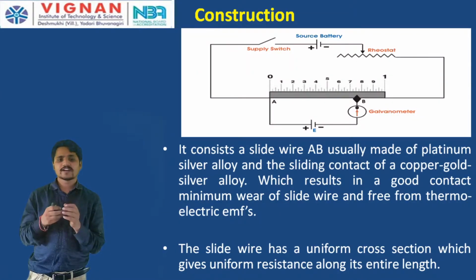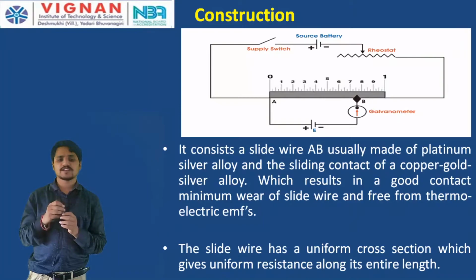Now if the cross sectional area of the wire is fixed, that means a uniform cross sectional area throughout the length of the wire, the resistance of the wire is directly proportional to the length of the wire. The more the length, the more the resistance; the lesser the length, the lesser the resistance. So this is the factor we have to consider when selecting the slide wire.